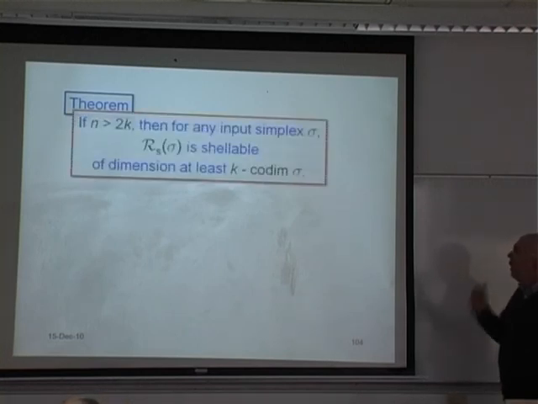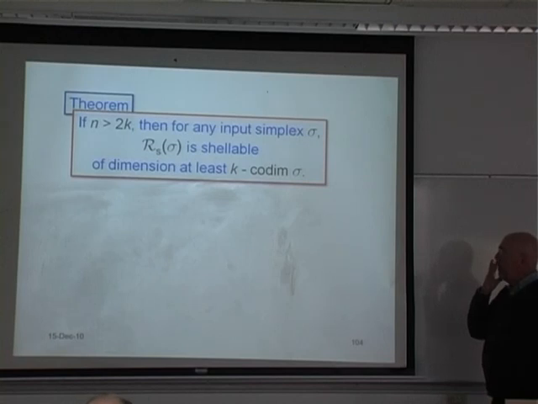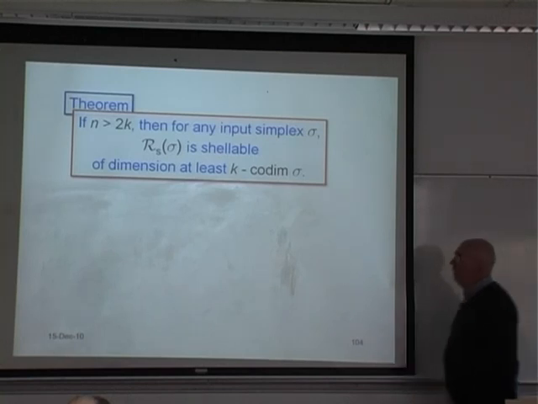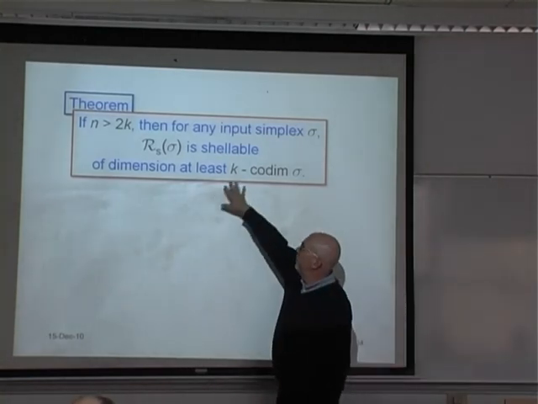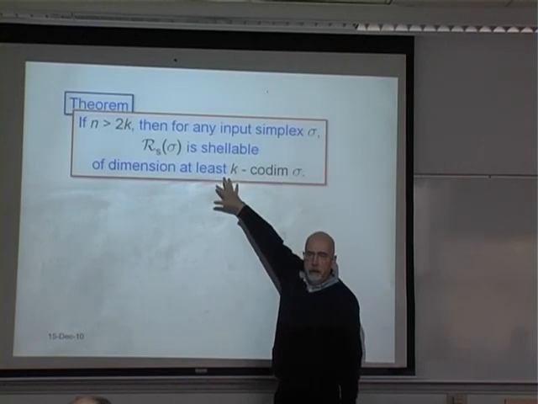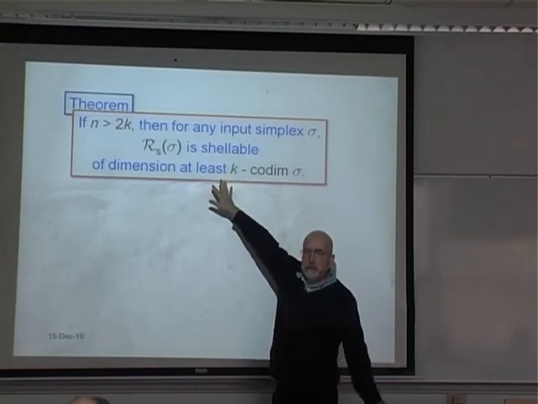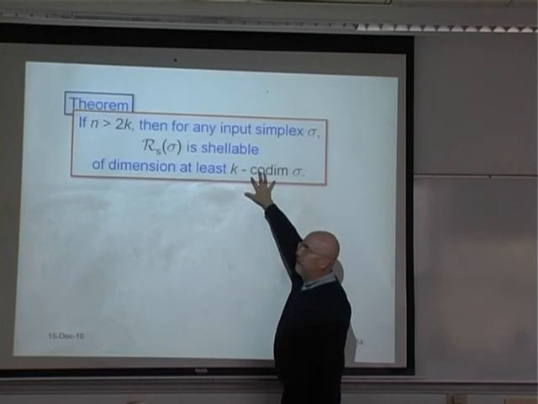Okay, so the technical restriction is we need n to be larger than 2k. So say for any input simplex sigma, the result of applying the synchronous round operator to sigma is shellable, and we'll spend most of our effort proving that this is in fact shellable of this dimension.